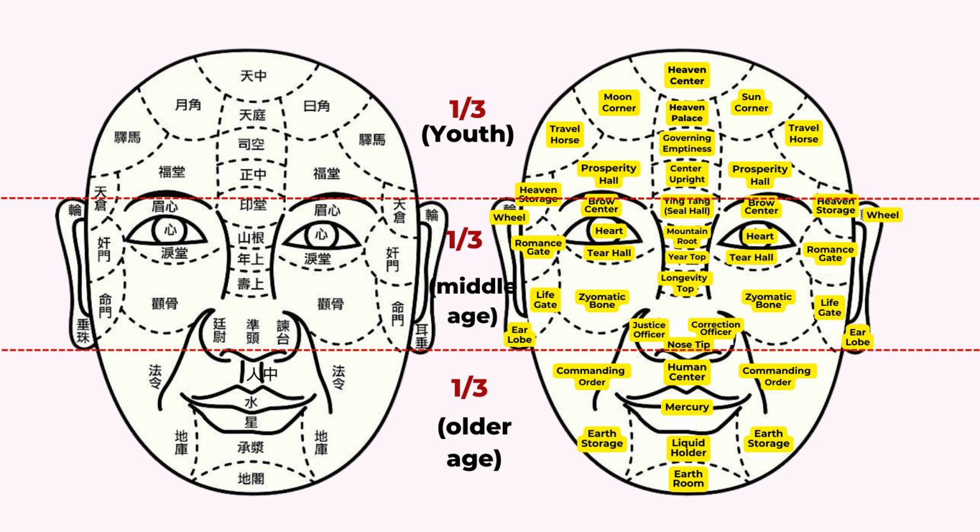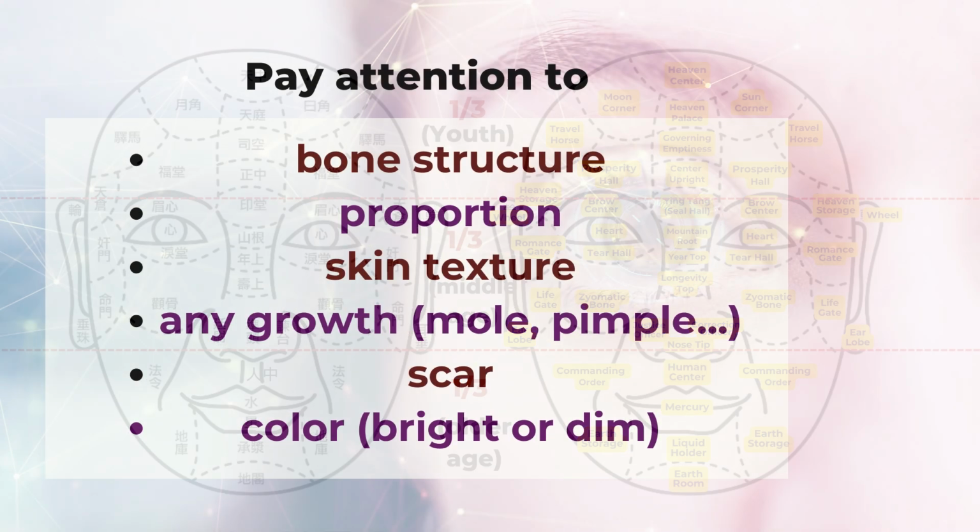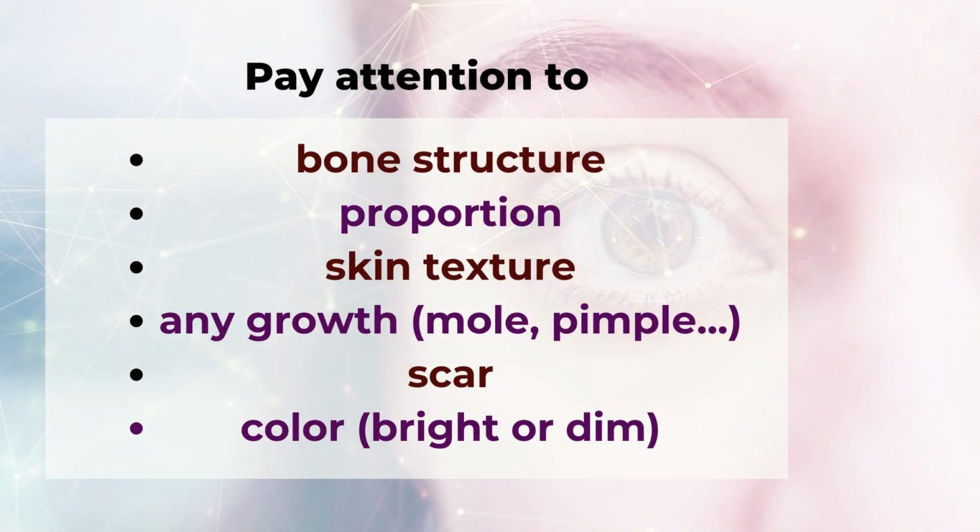So what should we look at when we are trying to analyze a face? The obvious one is to look at anything abnormal in certain areas of your face. Maybe you have a scar, maybe you have a big pimple recently, or you have different growth or different color, texture, or different bone structures.